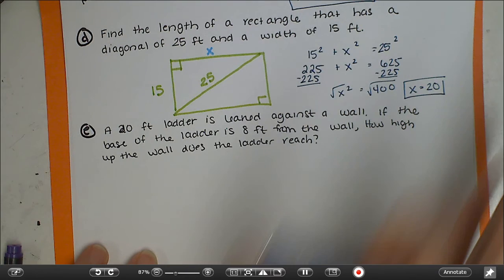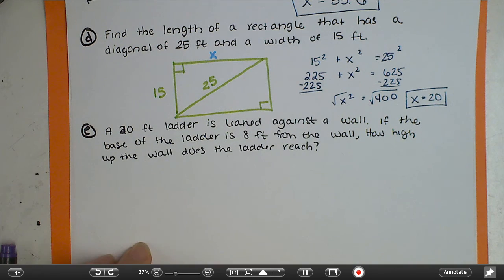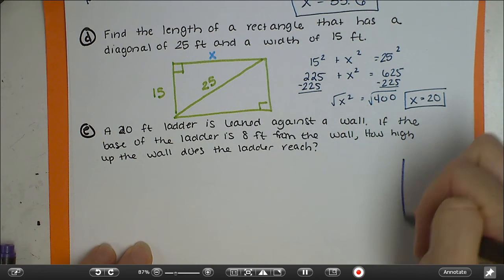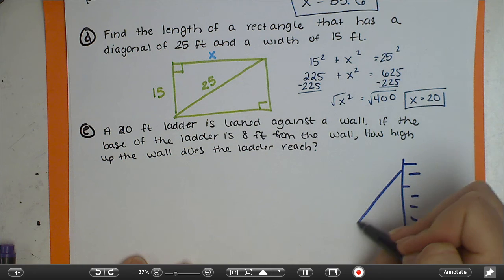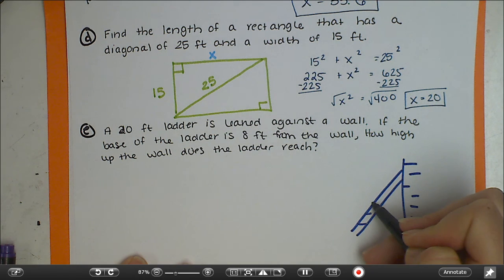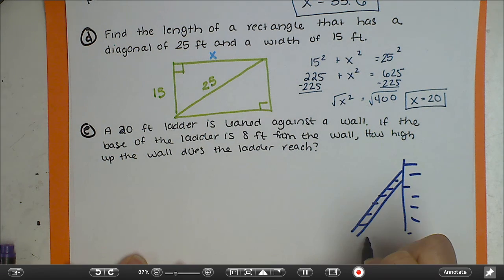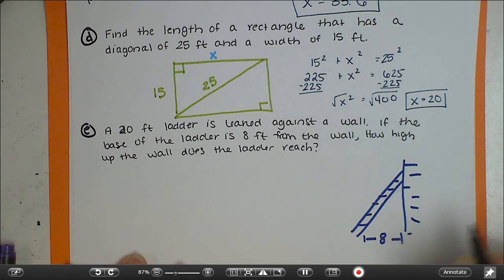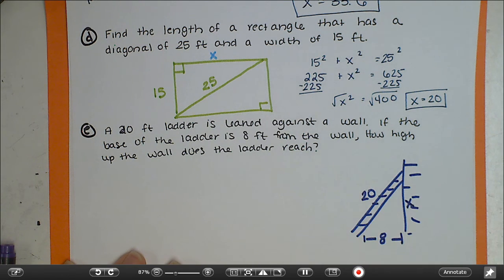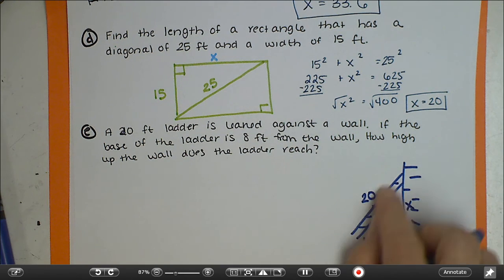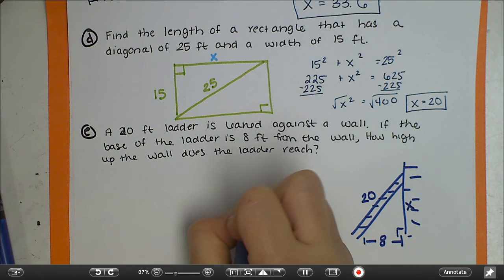All right, next one. I love these kind because I get to draw a picture. There's a wall. Here's a little brick wall. Okay, and we have a ladder leaning against the wall. If the base of the ladder is 8 feet from the wall, how high up the wall does the ladder reach? Well, we know from this that the ladder itself is 20 feet long. And this would be a right angle because it's the side of the building. So 20 is the longest, and it's across from the right angle.